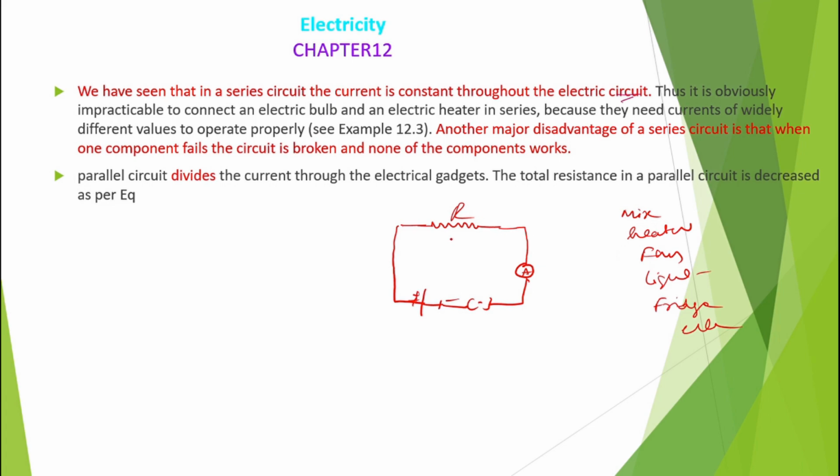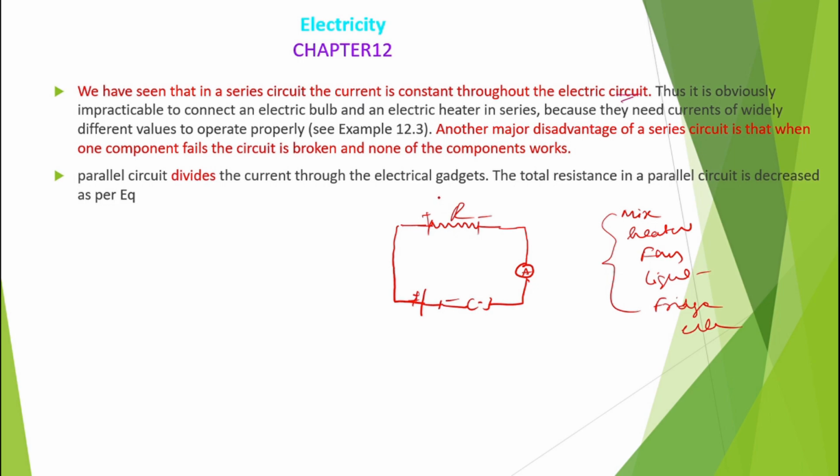Now you consider this. We are having only 2 points, this one and this one. One is plus and one is minus. If you connect all these electrical instruments at one point, one connection, that means one by one.